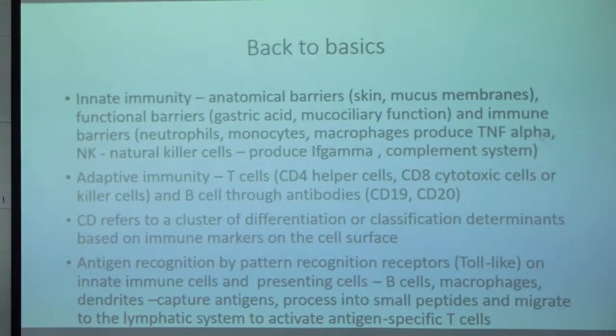And what is their job? They capture the antigen. So you can imagine one recognizes it, the next group of cells captures it, and then processes it. It cannot be dealt with just like that. So it has to be broken into small peptides, and then they migrate to the lymphatic system where they would activate very antigen-specific T cells.